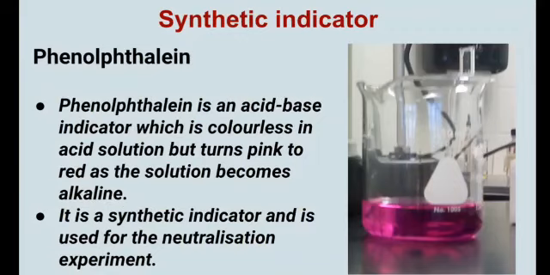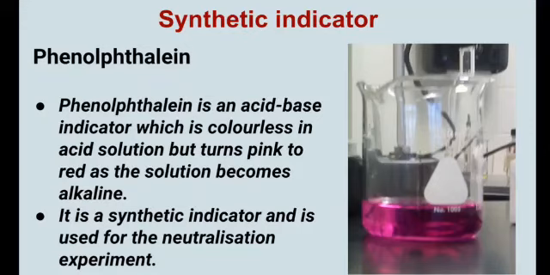Now we'll talk about the synthetic indicator like phenolphthalein. What is phenolphthalein? Phenolphthalein is an acid-base indicator which is colorless in acid solution but turns pink to red as the solution becomes alkaline. We all know that a base which is soluble in nature is called an alkali. So if it changes color to pink to red, it means the given substance is a base, correct?